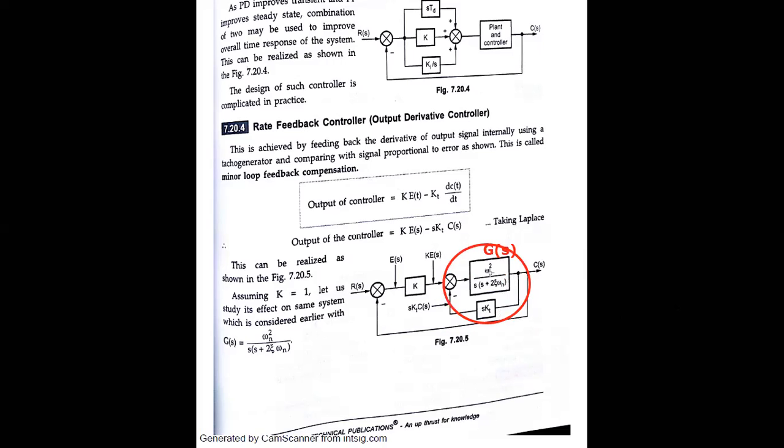One block of G, one block of H, one summing point and one takeoff point together make one minor loop. To reduce the minor loop, the transfer function is equal to G of S divided by 1 plus G of S into H of S.